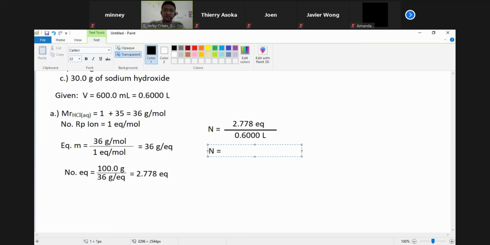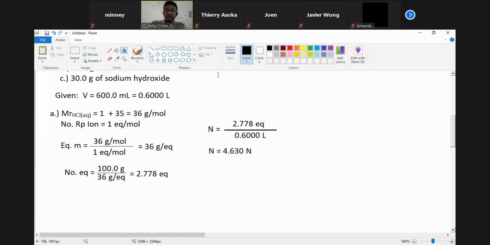Normality is equal to 4.630. Yes. The unit is equivalent per liter, normal. The symbol of normal is still N. So that's for letter A.